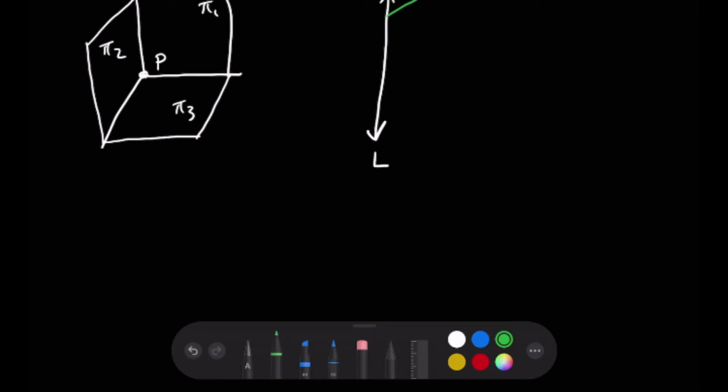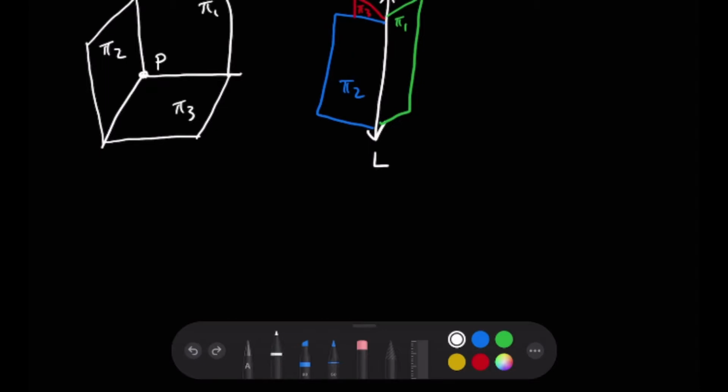So plane 1 and plane 2. And plane 3. And looking at this, I kind of think of it like a book that's open, or like back cover, front cover, and pages inside, and they all meet at the spine. So if that's helpful, you can think of it that way.